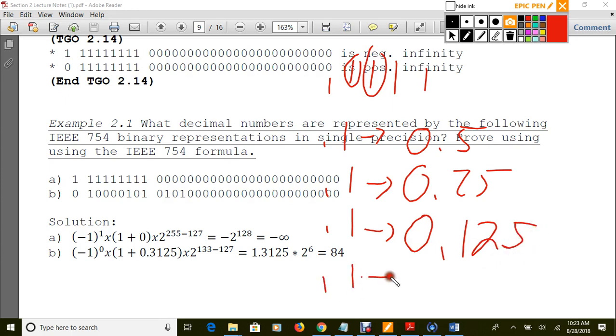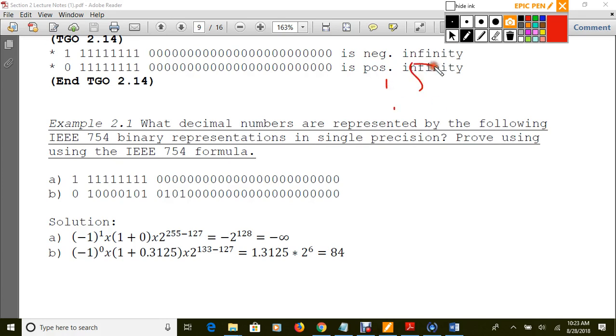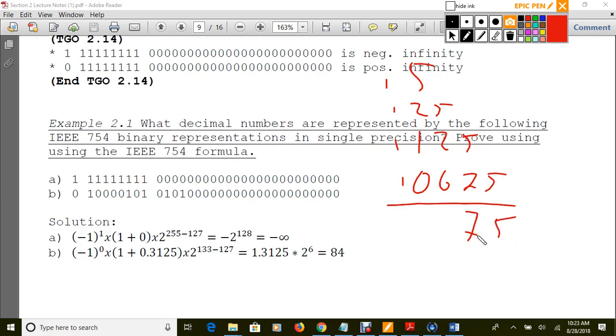And then again, this becomes 0.0625, right? Beyond that, things get messy, and that's why I don't put it on exams, right? So in this case, we're just adding 0.5 plus 0.25 plus 0.125 plus 0.0625. So it's 5, 7, 3, right? 0.9375.